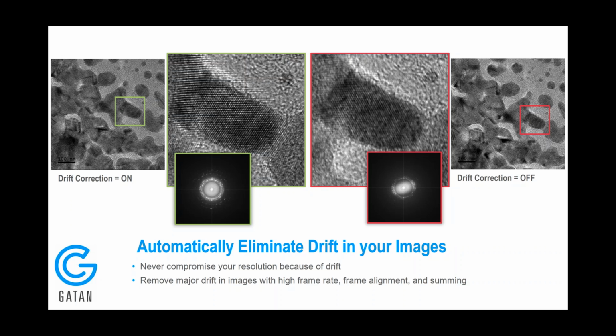The circles are not complete all the way around, and we are missing information in the direction of the drift. So you just click on drift correct and the software takes care of all of this for you. So you can take images without having to worry about the drift of the sample, either because of the stage or because of the charging or the specimen is not stable or things like that.